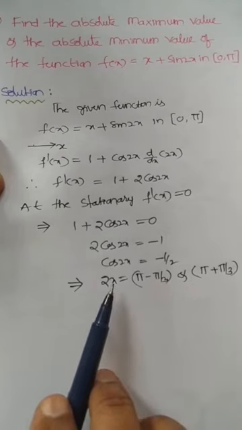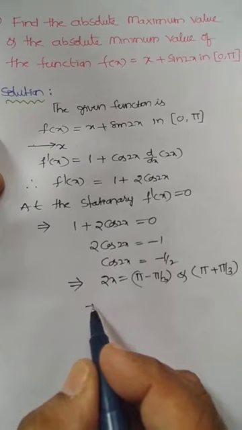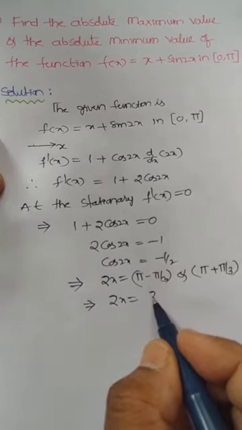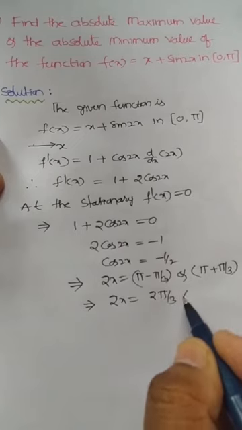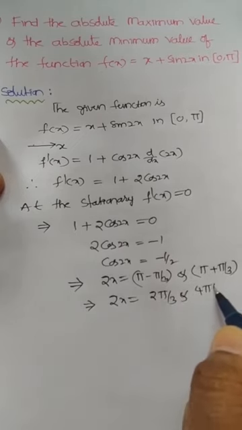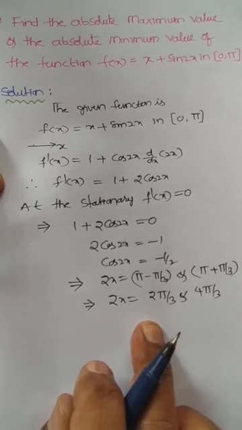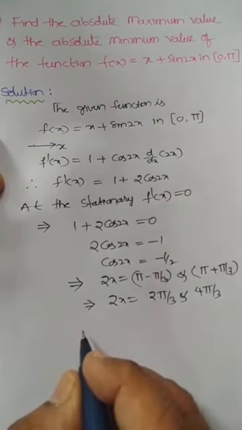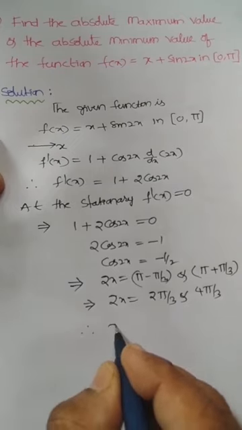So the 2x values we got are 2 pi by 3 and 4 pi by 3. These are the solutions for this trigonometric equation. Therefore we require the x values.